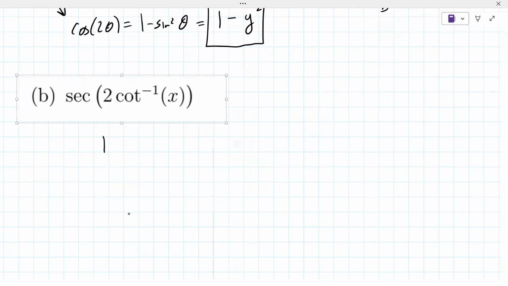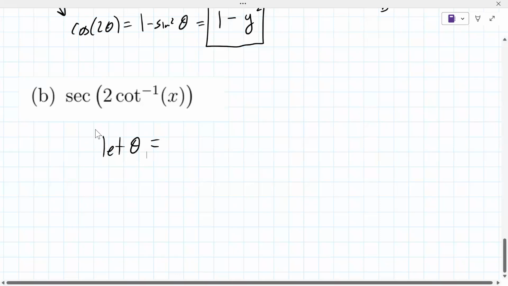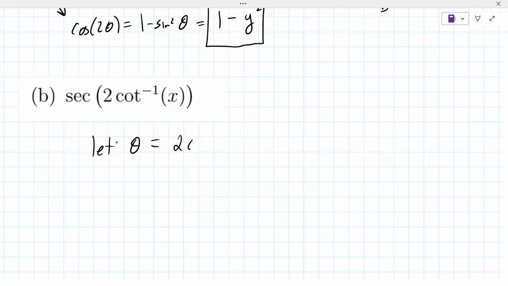So you let theta equal, well, normally you would let theta equal whatever's in there, but because there's a 2, you let 2 theta equal 2 cotangent, because then it becomes secant of 2 theta.